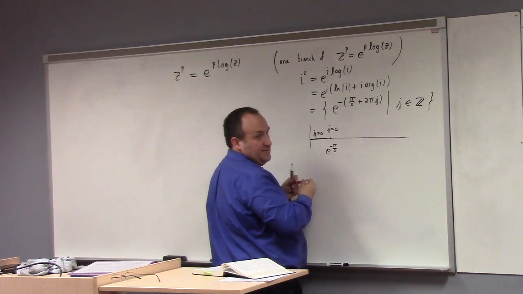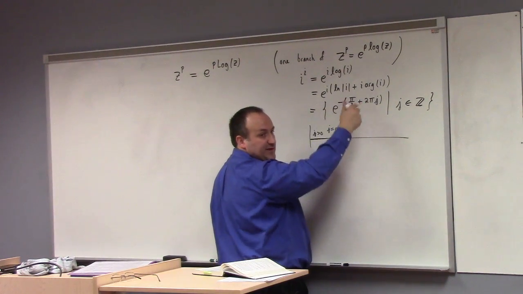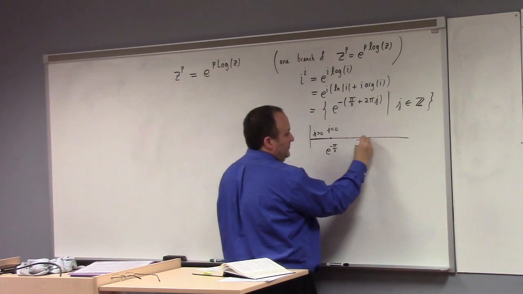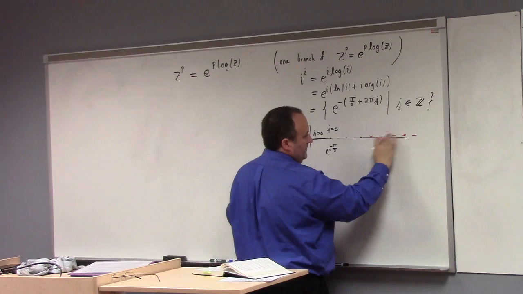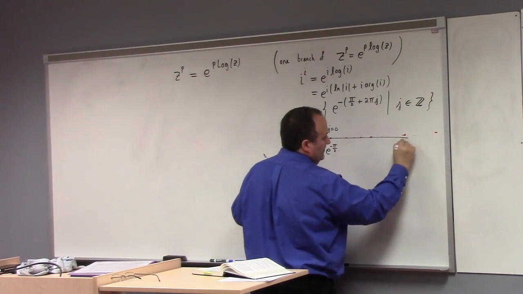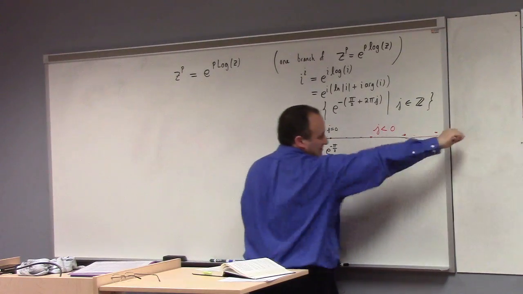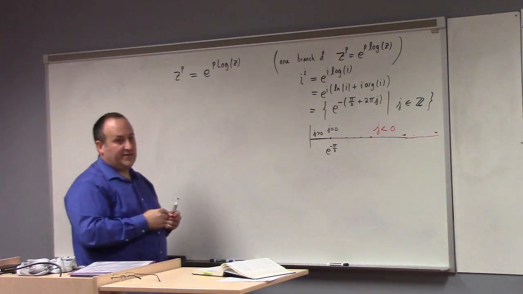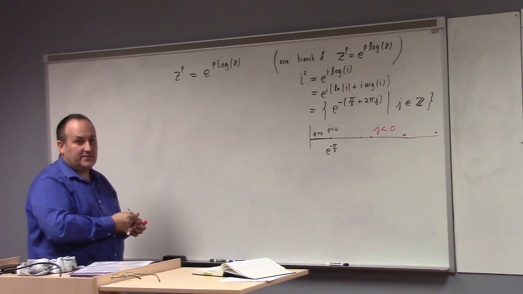And if you were to graph j less than 0, you get minus a minus is a plus, so that makes an exponential of a large thing, so it just gets out further and further. They're more and more spread out, right? The point is that they're all along the positive real axis. This is what i to the i is. It's a set of values.